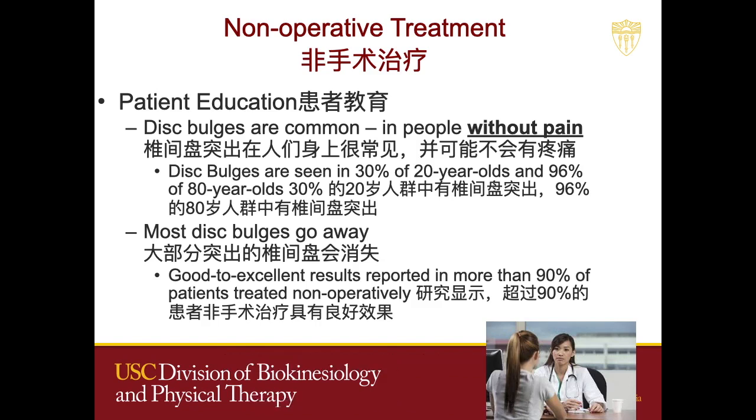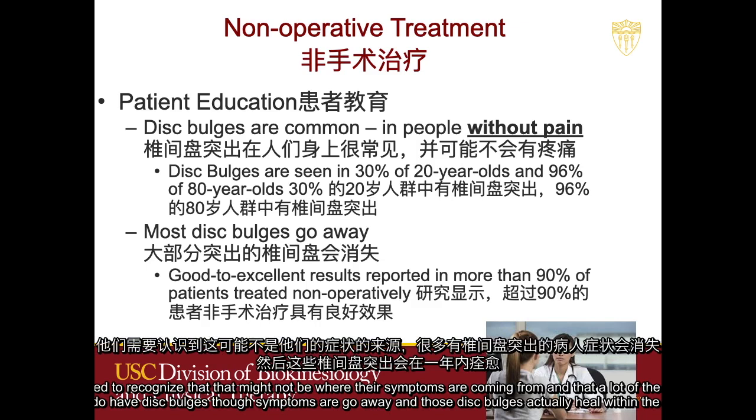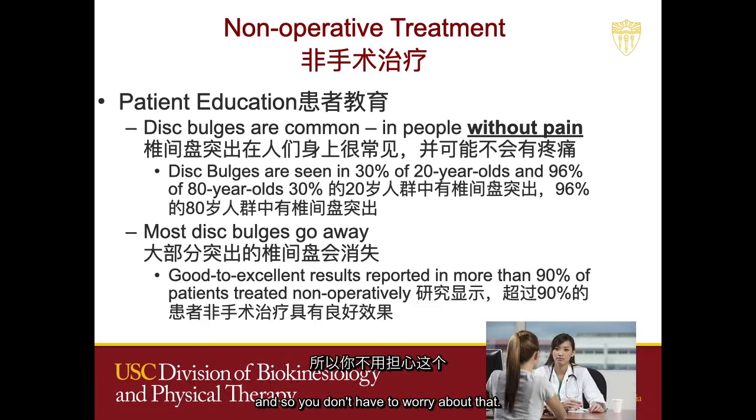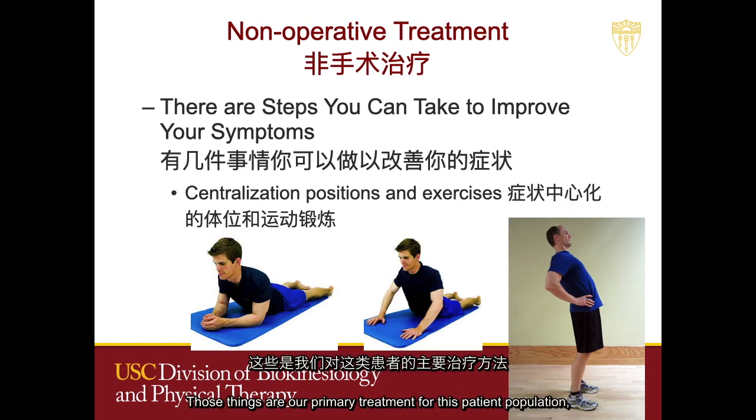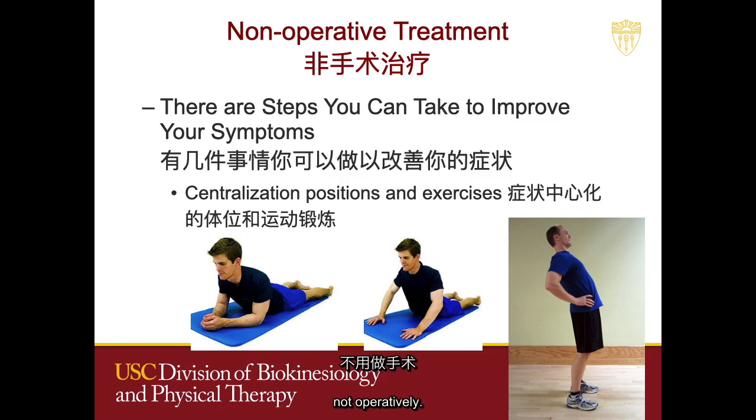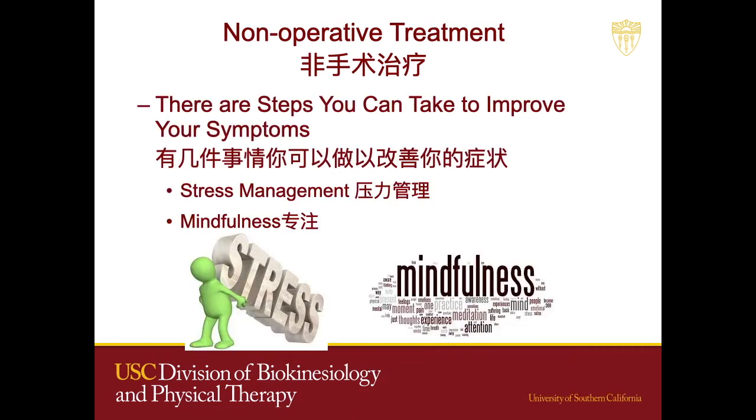And so they need to recognize that might not be where their symptoms are coming from, and that a lot of the patients who do have disc bulges, those symptoms go away, and those disc bulges actually heal within the year. And so you don't have to worry about that bulging of the disc. So again, centralization movements, nerve glide movements, those things are our primary treatment for this patient population non-operatively.